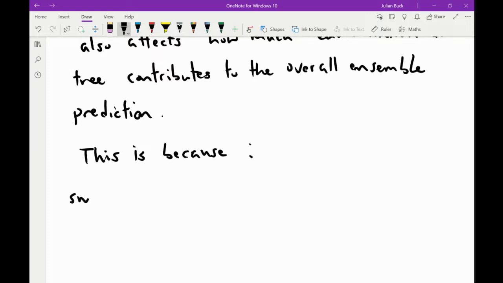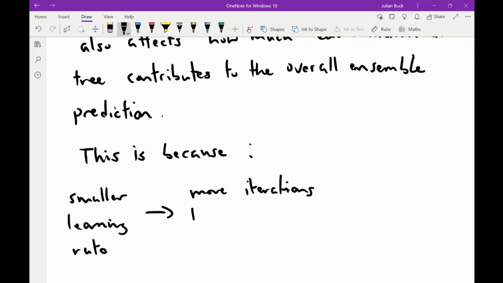So smaller learning rate requires more iterations to reach an optimum.